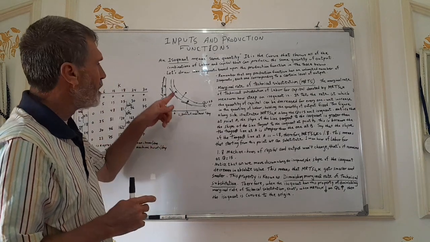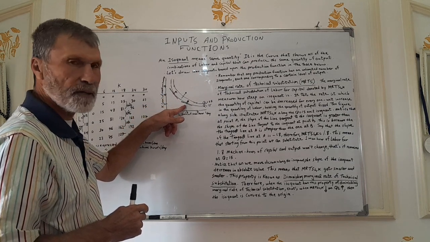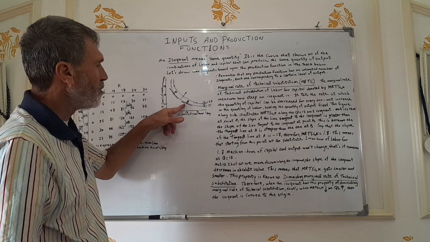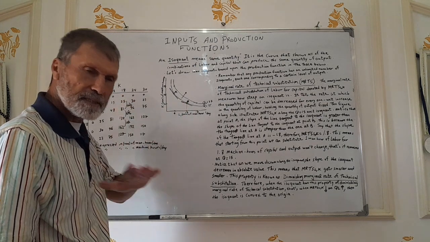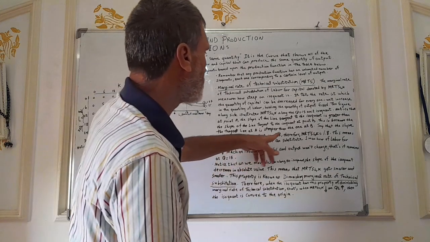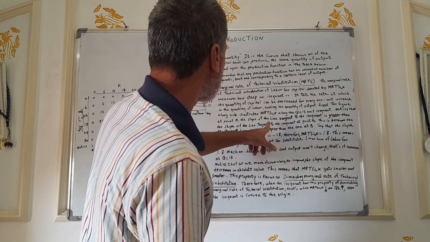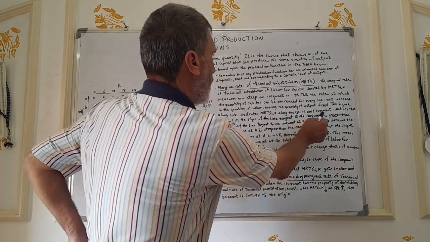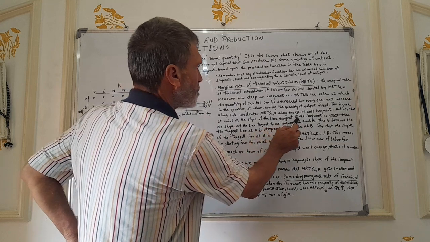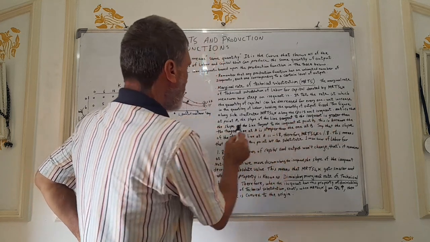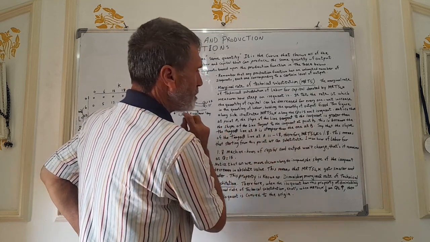But assuming that the value of the slope of the tangent line here must be higher in absolute value than the slope of the tangent line at point B, okay? That is the assumption. So what we see here is that at point A, the slope of the line tangent to the isoquant is greater than the slope of the line tangent to the isoquant at point B. That is what I said.